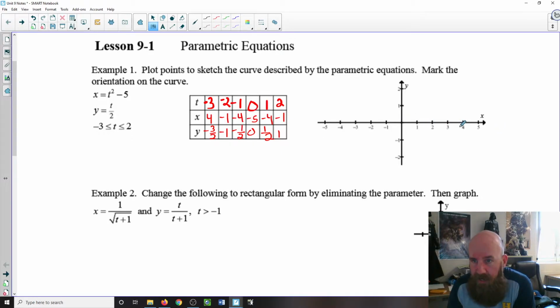So for -3/2, we are going to be right about here. -1, -1. -4, -1/2. -5 and 0.